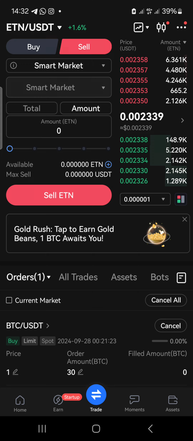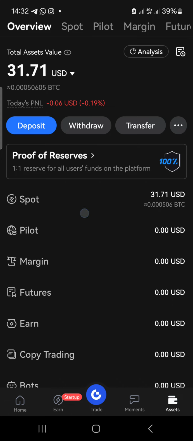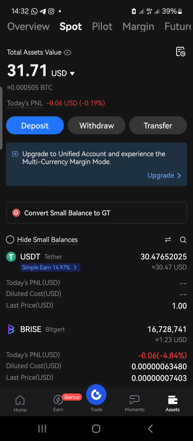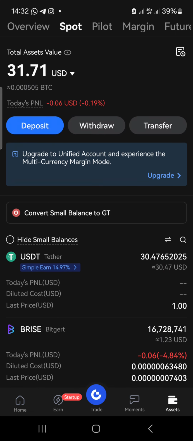Then to check my assets to see where they are, you click on assets as usual, and then you click on spot. This one is almost like Binance. When you click on spot, you're going to be able to see your asset here.